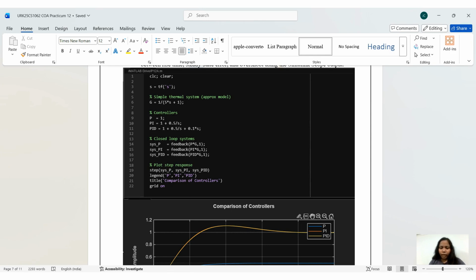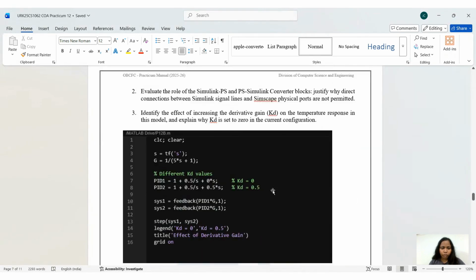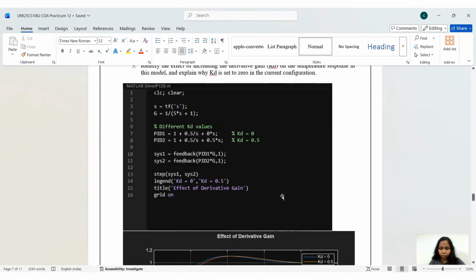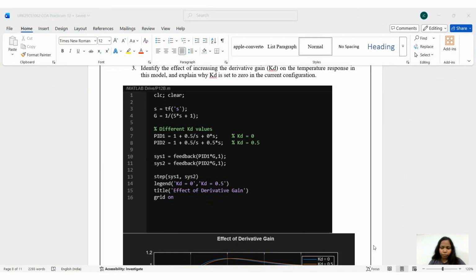And the third concept focuses on the derivative gain KD in the PID controller. The derivative term predicts the future trend of the error by seeing its rate of change. Increasing KD helps reduce overshoot and stabilizes the system by damping oscillations.